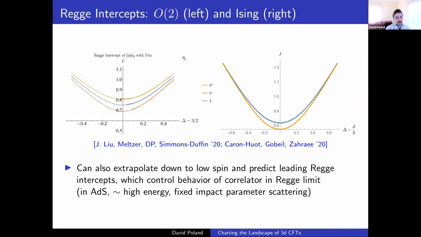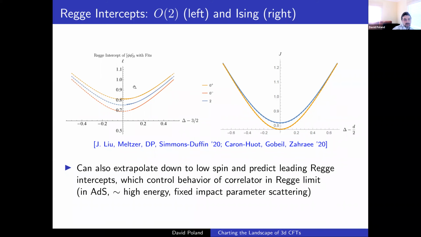And so if you go in and see how low in spin you get before the curve turns around and starts moving up again, this could be visualized using something called a Chew-Frautschi plot, where you plot the scaling dimension minus space-time dimension over 2 on one axis and spin on the other axis. And you can look at where that curve intercepts delta equals 3/2.